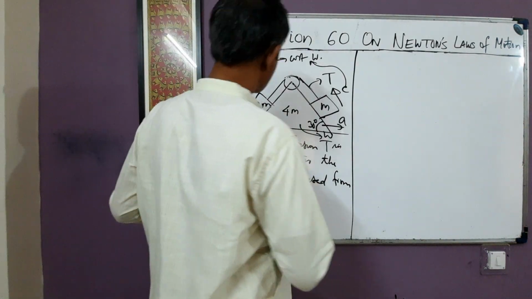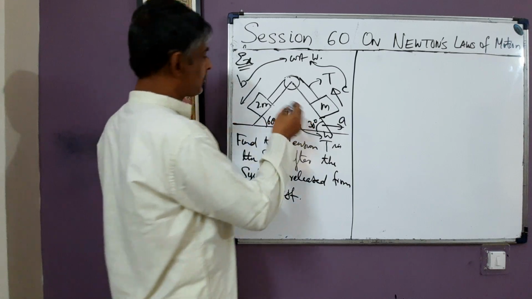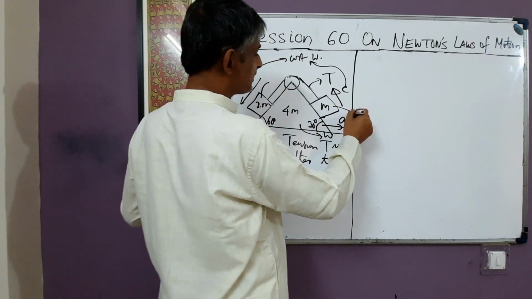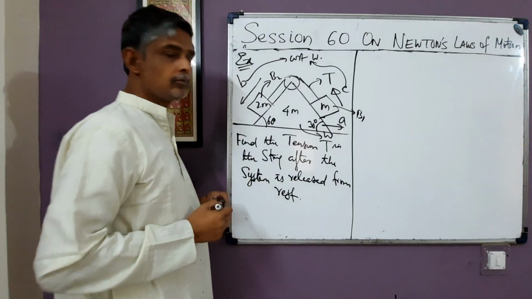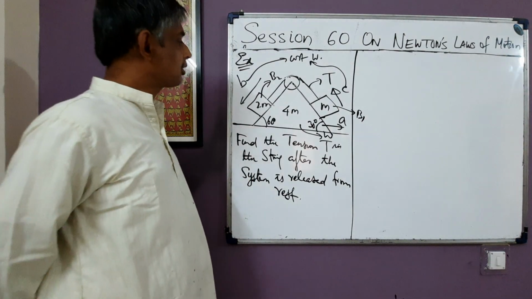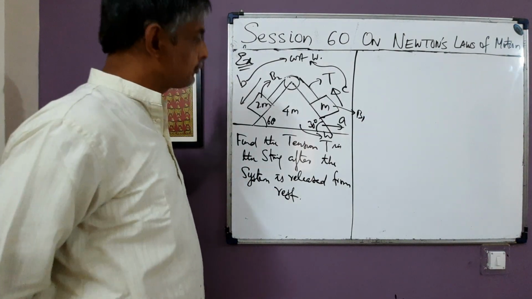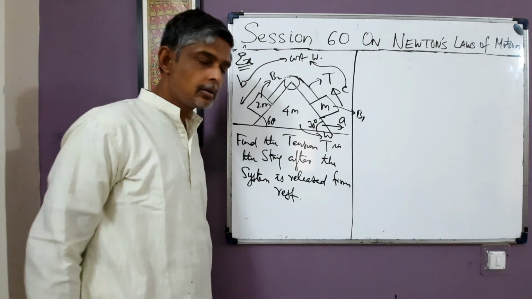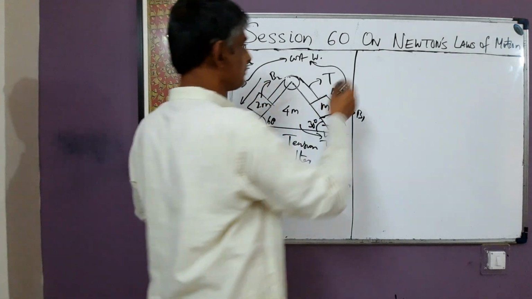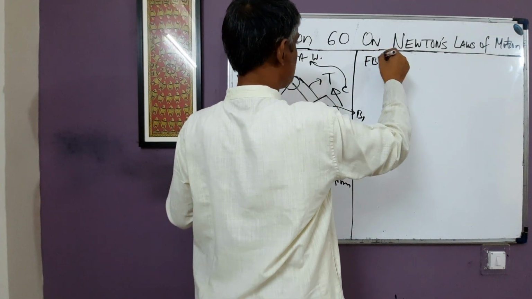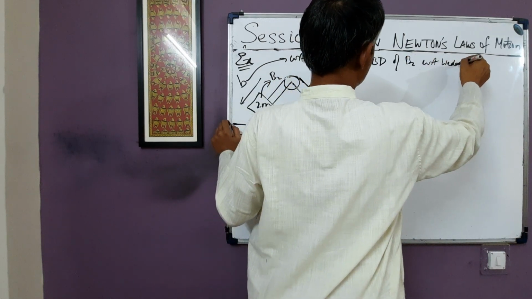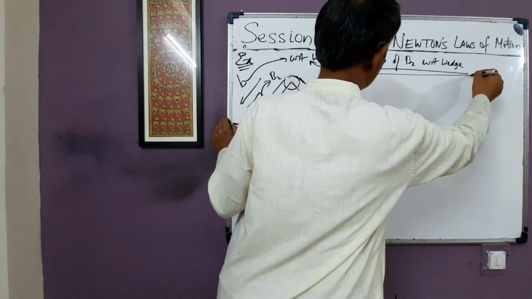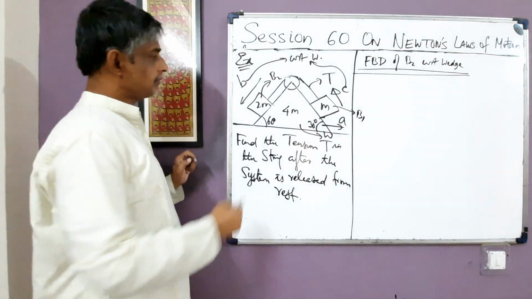Now let's label the blocks. Let us call the block of mass m as B1, and the block of mass 2m as B2. Now I draw the free body diagram of B1 and B2 with respect to wedge. First, FBD of B2 with respect to the wedge.